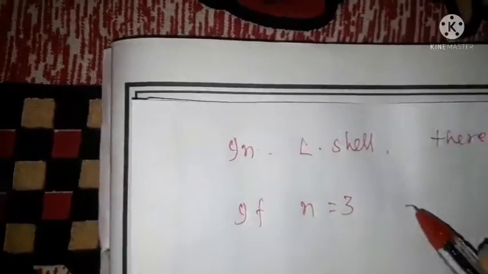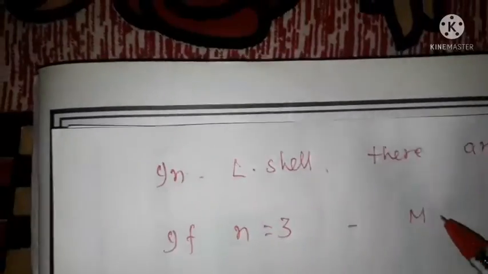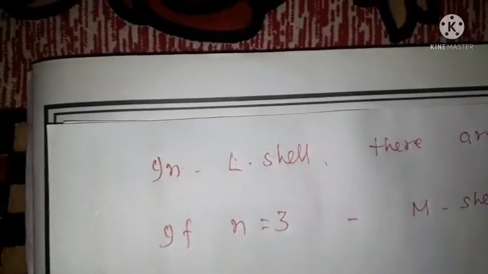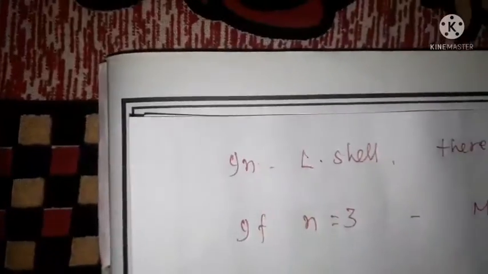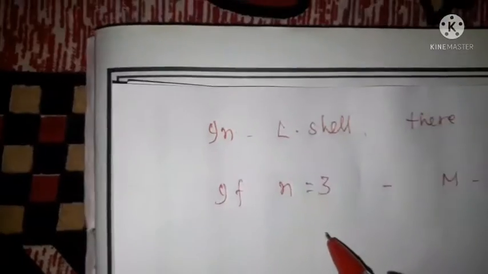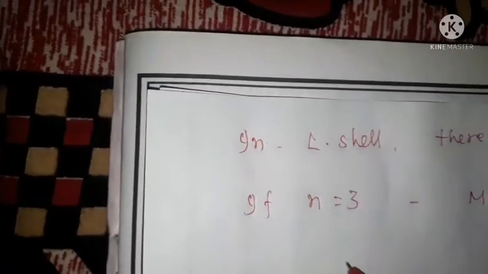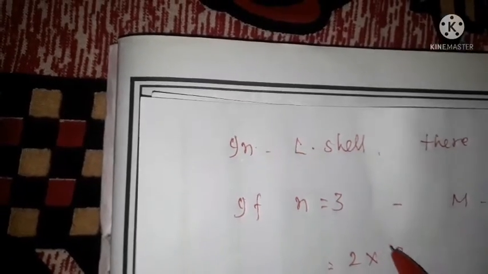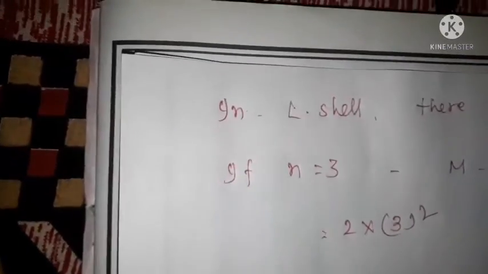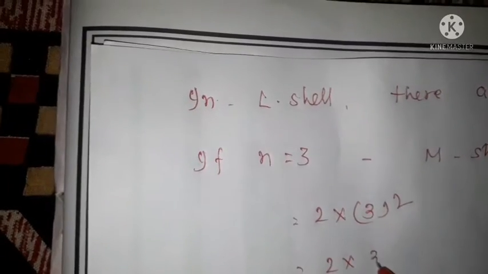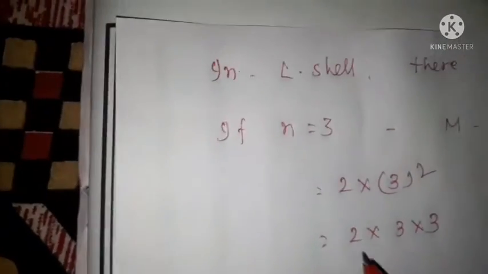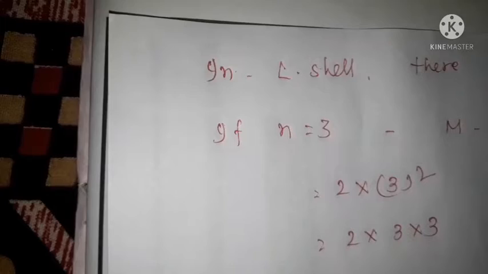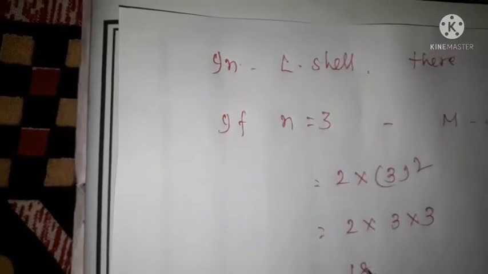Like this, if n is equal to 3, that means M cell. Now using 2n square, its general formula for cell, 2 into 3 square, then 2 into 3 into 3. Now when we calculate it, we get 18.